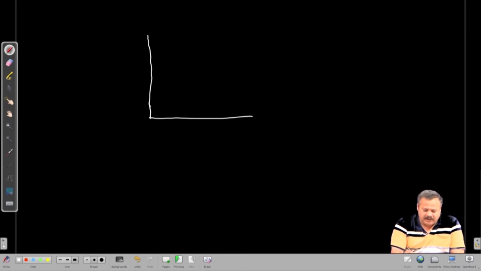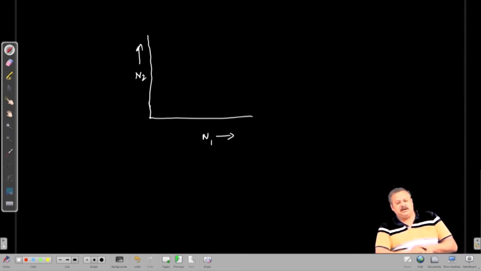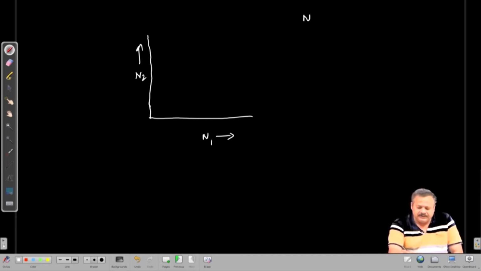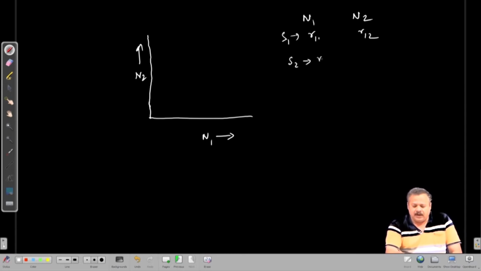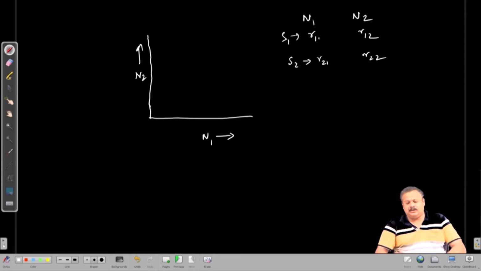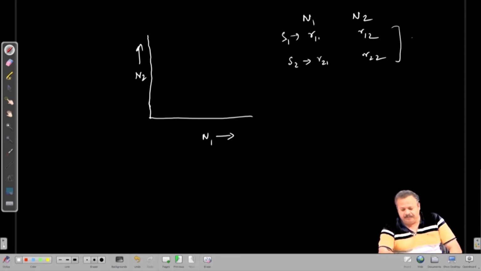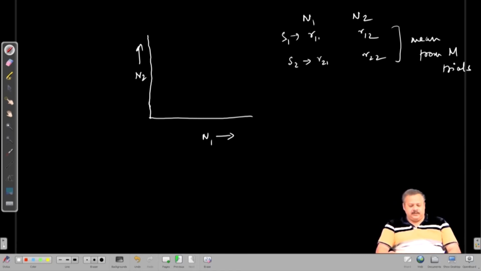However, here if we think of it in the same way again, there is a pair of neurons N1 and N2, whose rates are being represented along the two axes. So this is N1, N2, we had stimulus 1, we had responses R11 and R12. Now let us say we have stimulus 2, and R21 and R22 are the mean responses again from M trials for the two stimuli S1 and S2.